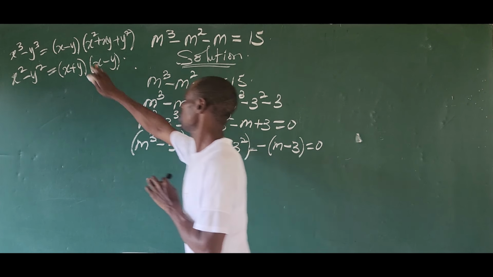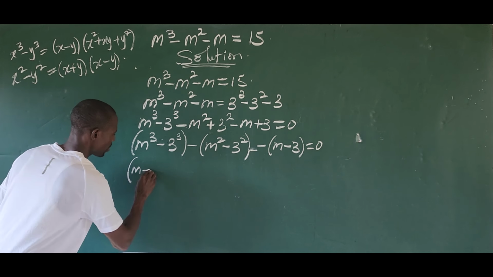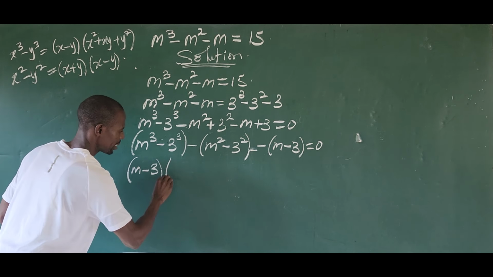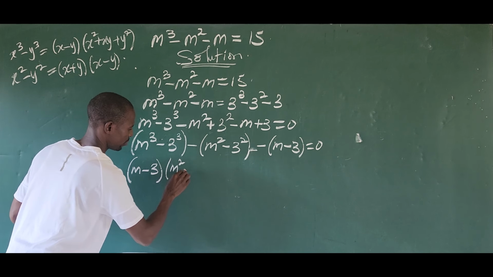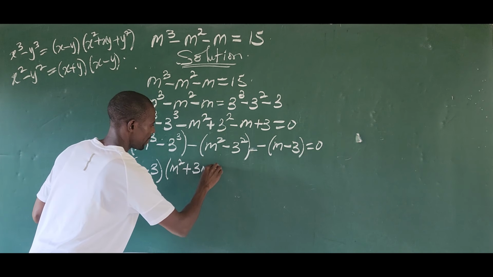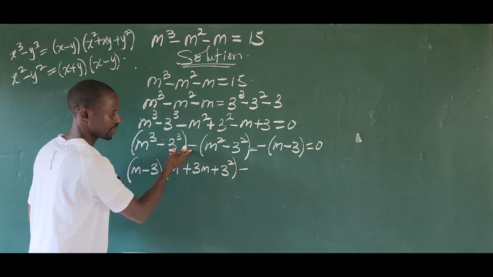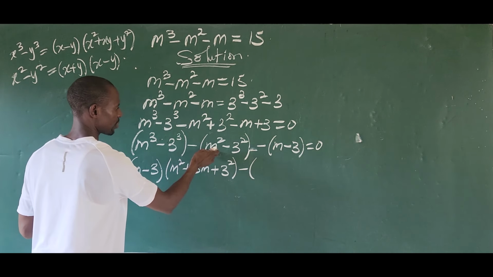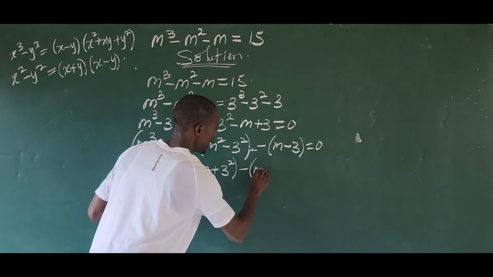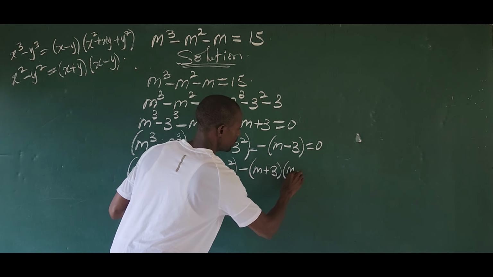So introducing this in here, this is going to give us (m minus 3)(m to the power of 2 plus 3m plus 3 to the power of 2) close bracket, minus. Then we're going to apply the difference of 2 squares, which is (m plus 3)(m minus 3).